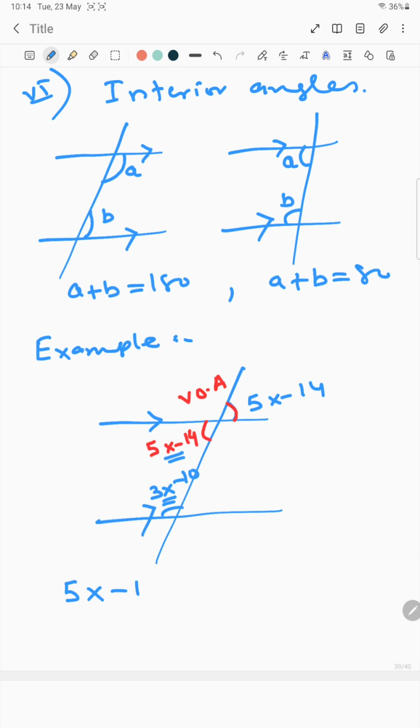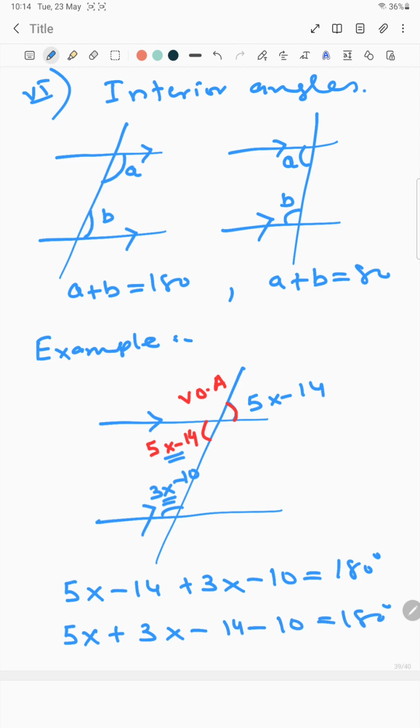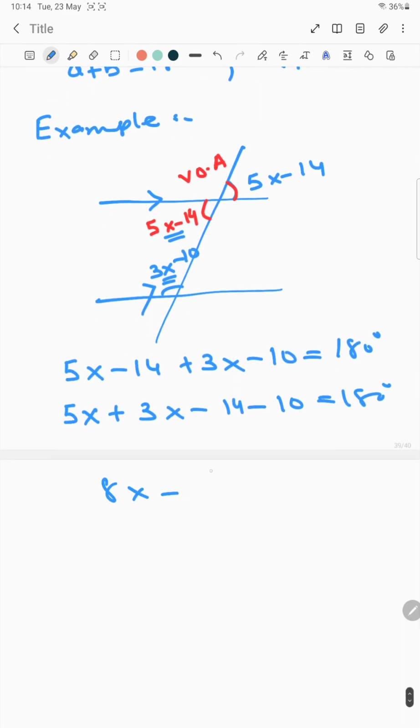So 5x minus 14 plus 3x minus 10 is equal to 180. Now write the like terms together. 5x plus 3x minus 14 minus 10 is equal to 180. So 8x minus 24 is equal to 180. 8x is equal to 180 plus 24.